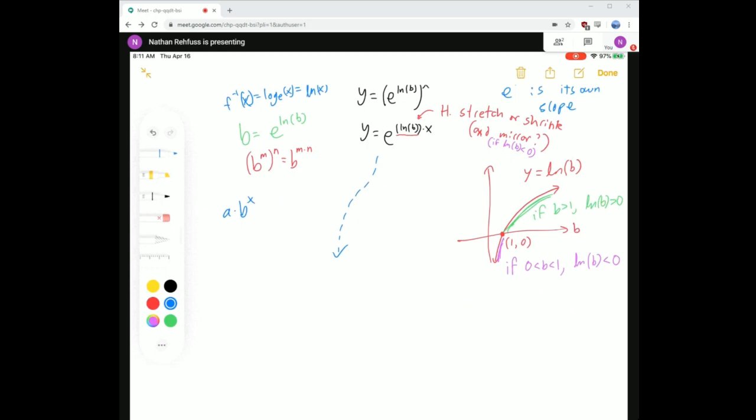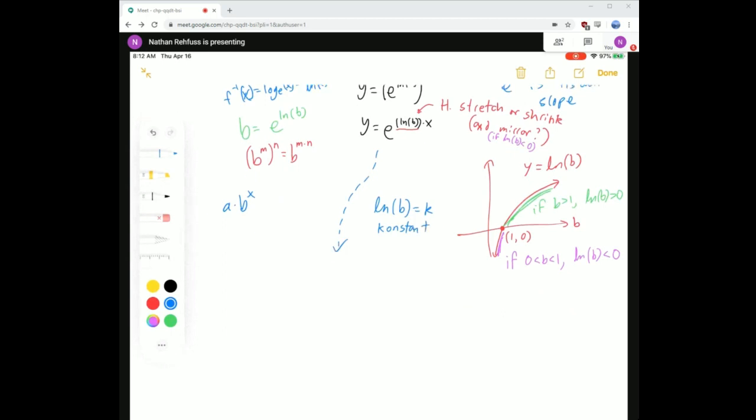And now, instead of b, I'm going to write e to the natural log of b, but I don't like writing natural log of b over and over. So we're just going to say that the natural log of b, we'll call it k. K for constant, if you will, because this is called the exponential growth or decay constant.